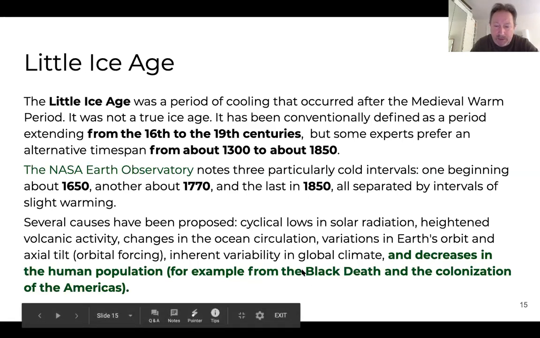And here we see at least two possible demographic reasons for the climate change. This mostly deals with mortality, and this is migration and the colonization of the Americas.